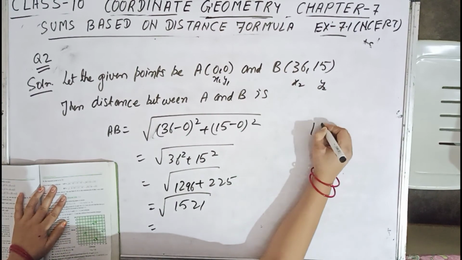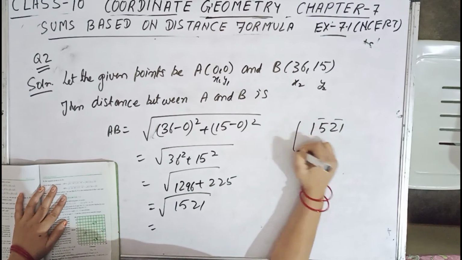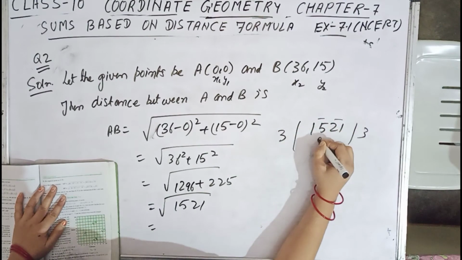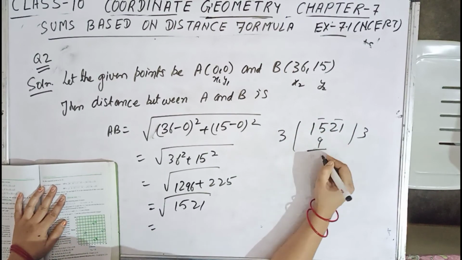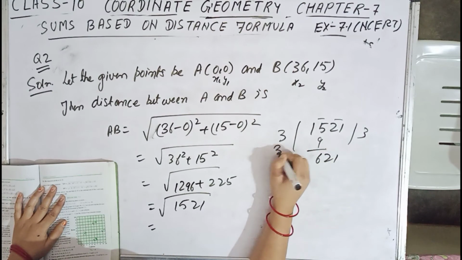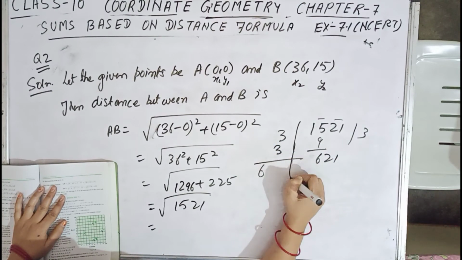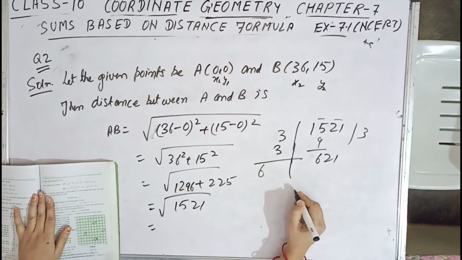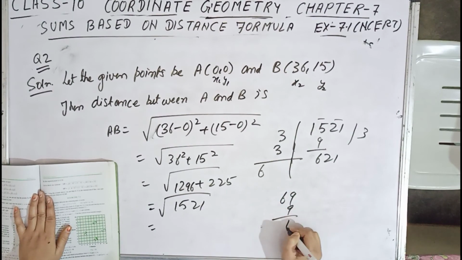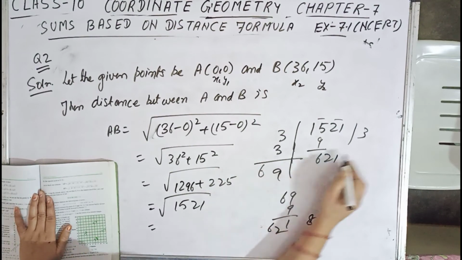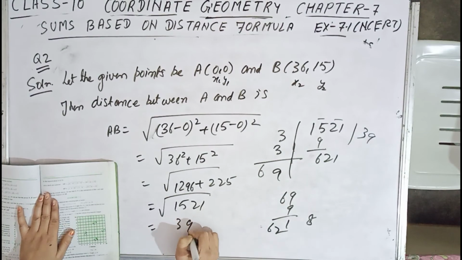And is 1521 the square of any number? Over here 6, I think it will go 9 times. Yes, so it will go 9 times. So this is equal to 39.